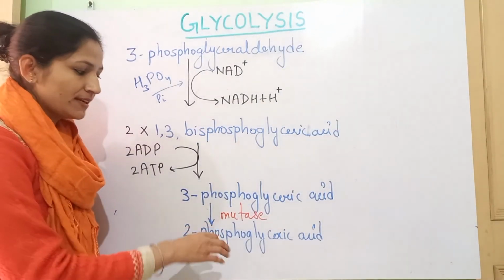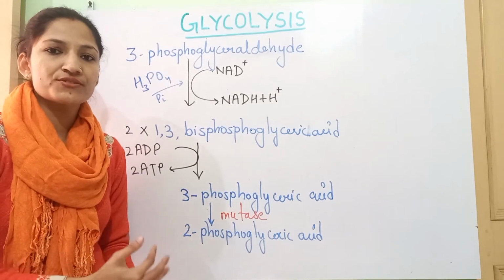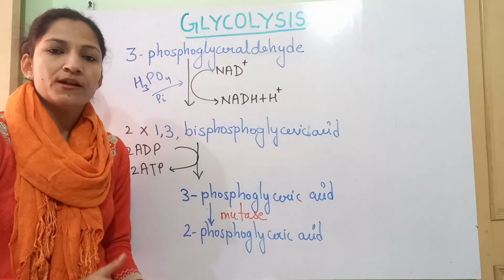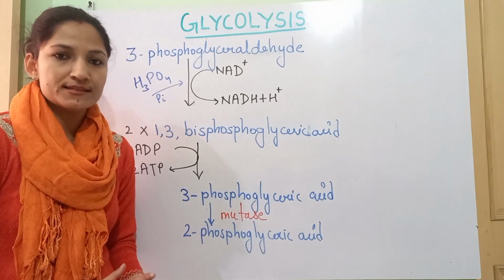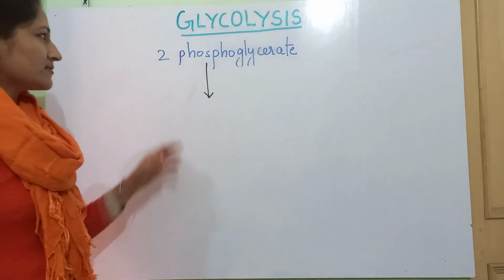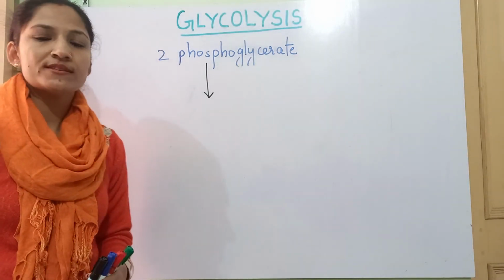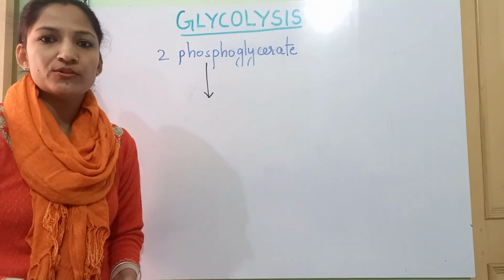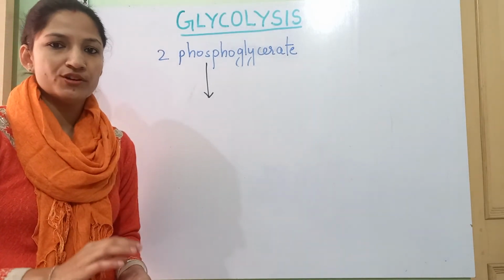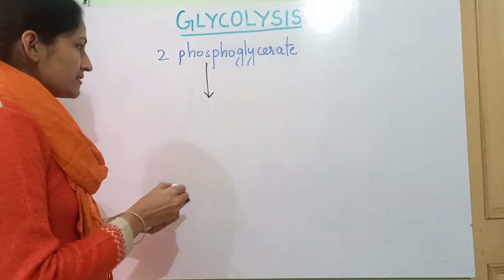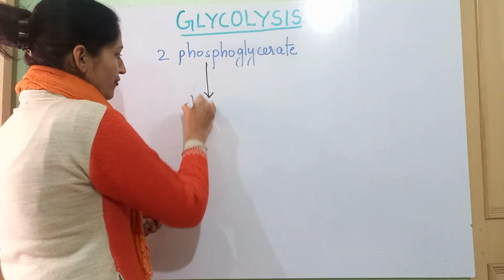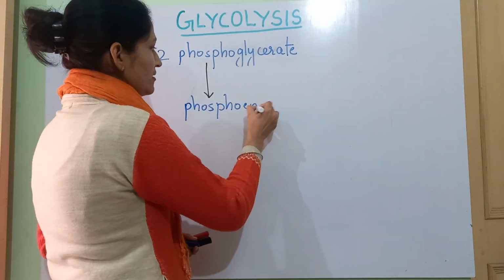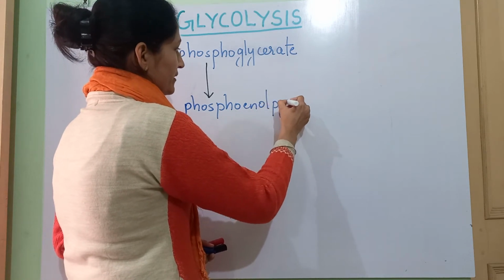This phosphoglyceric acid is converted into phosphoenol pyruvate, by removal of a water molecule with the help of enolase enzyme. So this 2-phosphoglycerate, which was isomerized from 3-phosphoglycerate, now undergoes dehydration, the removal of a water molecule, and as a result, phosphoenol pyruvate is formed.